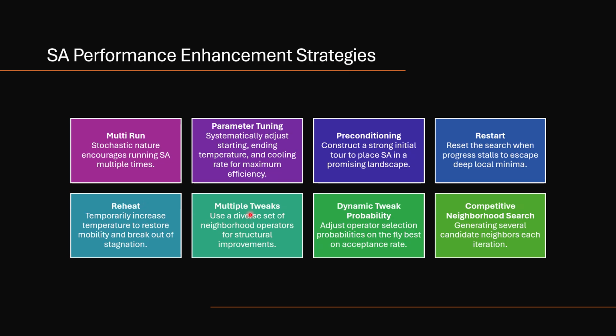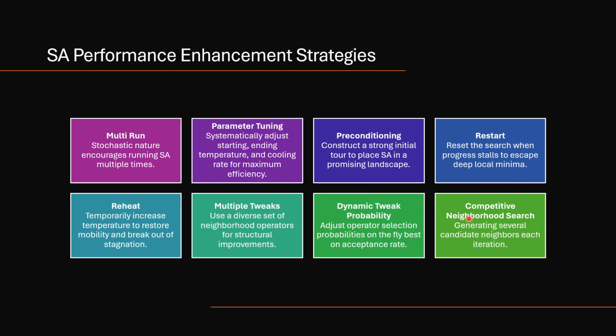Then there's multiple tweaks. Use a diverse set of neighborhood operators for structural improvements. Dynamic tweak probability, so rather than a constant probability for each one of the 6, if we have 6 different operators, we could look at the statistics as we go through the iterations and note which one has performed the best recently, and keep using that one, in a redistribution of the probabilities for using the operators.